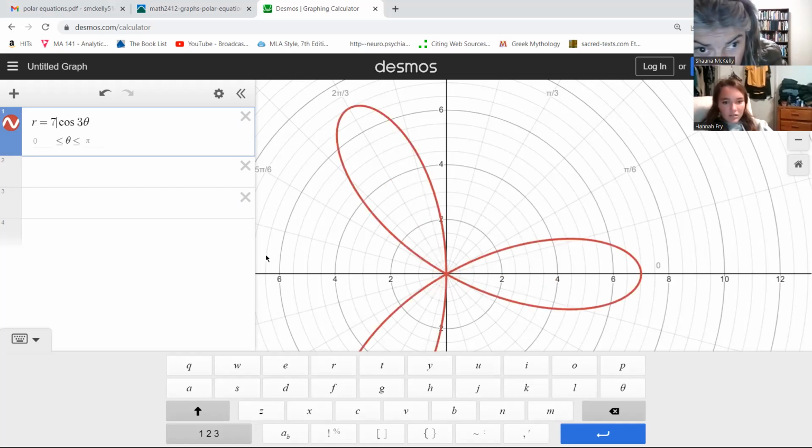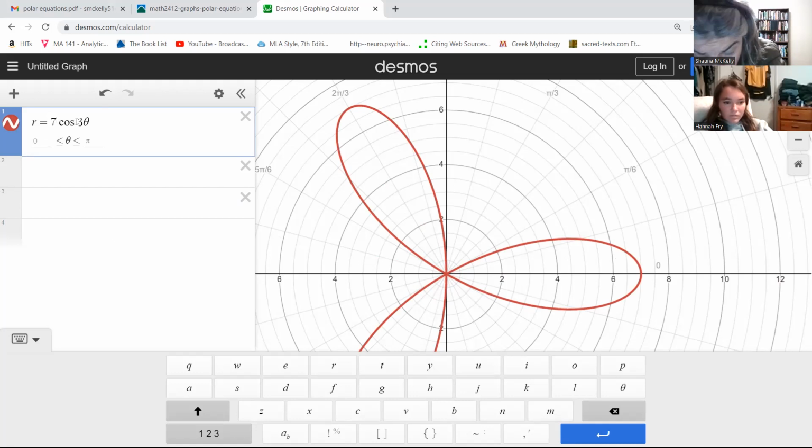So this first coefficient determines how far I am from the pole to a petal. It's the length of a line through the petal. This is 7 units.